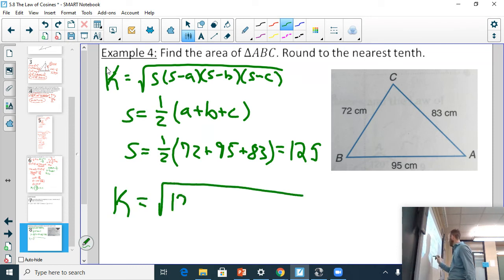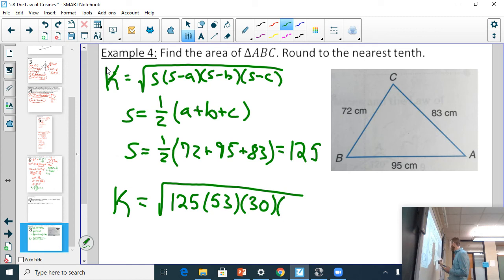We have the square root of 125 times, and then I'm going to do this step by step. So 125 minus 72, that'll be times 53. And then 125 minus, let's pick another one, 95. That's 30. I could do that in my head.